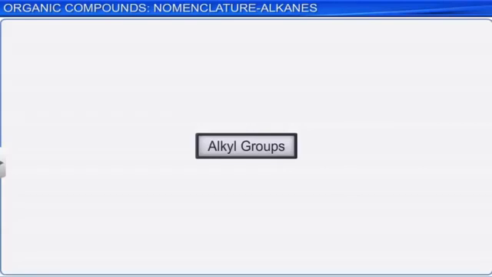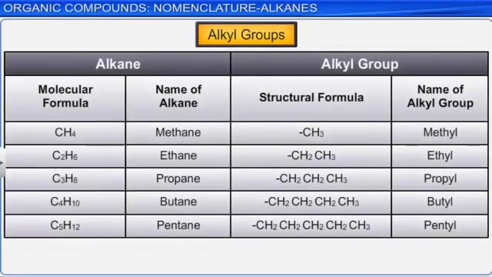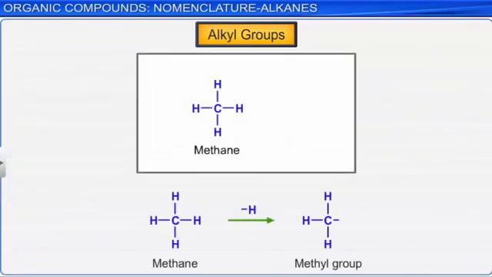Let us briefly study about the alkyl groups. The group which consists of 1 hydrogen atom less than an alkane is called an alkyl group. For example, if 1 hydrogen atom is removed from methane, that is CH4, we get the alkyl group CH3. An alkyl group is named by replacing the ane in the name with yl.